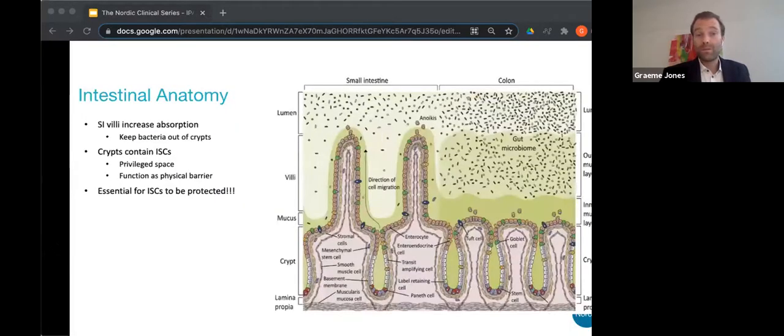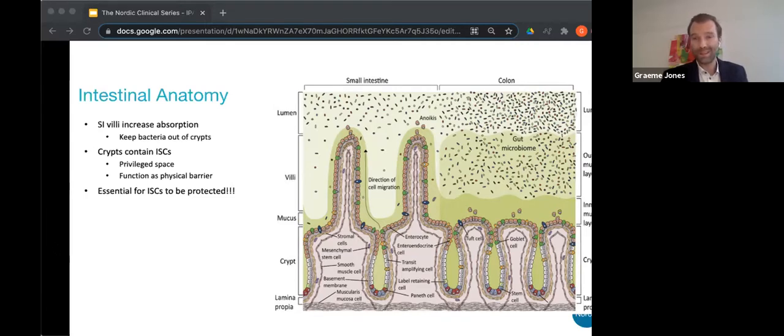This image is pretty cool, as well as the last one. It shows the anatomical differences between the small and large intestine. In the small intestine, we have villi, and that's to increase, or maximize, the uptake of nutrients.